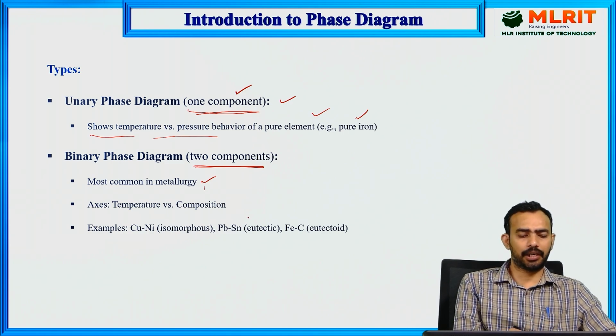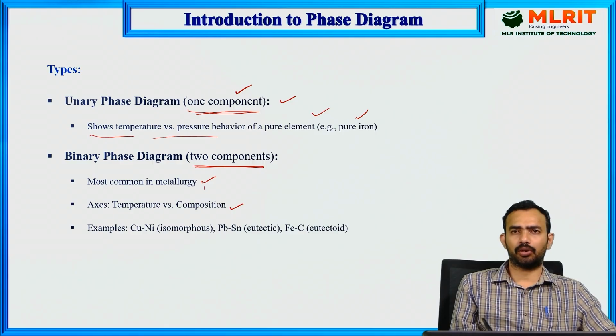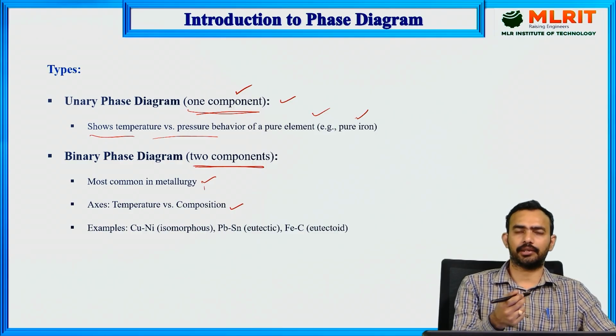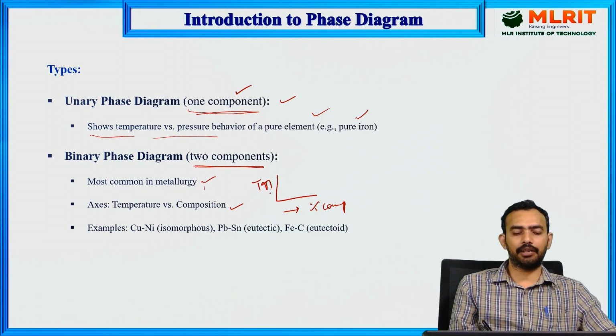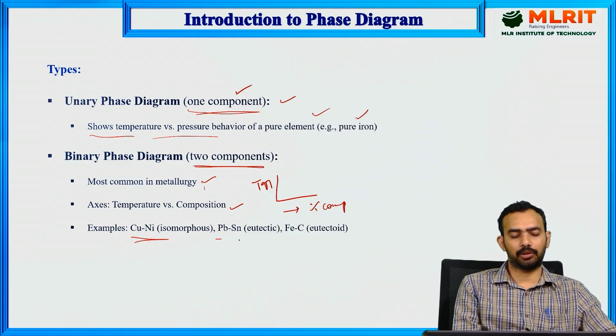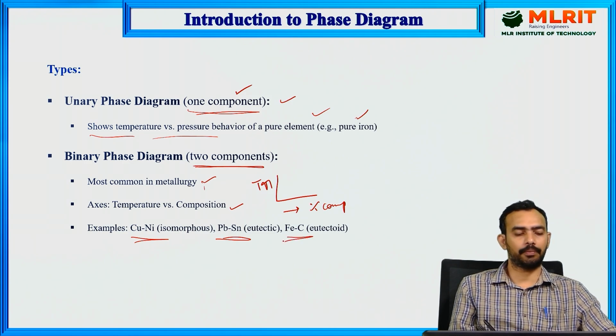A binary phase diagram is mostly drawn between temperature and composition: on the x-axis it is composition and on the y-axis it is temperature, with pressure kept constant. Examples could be the copper nickel system, the lead and tin system and the iron carbon system. Eutectic systems and eutectoid systems we will come across quite later.